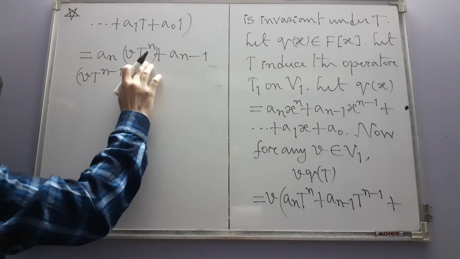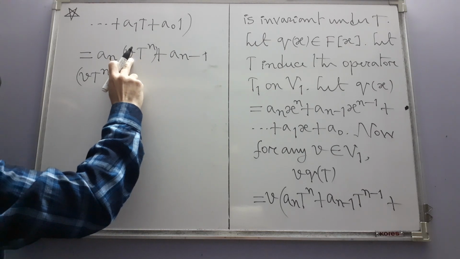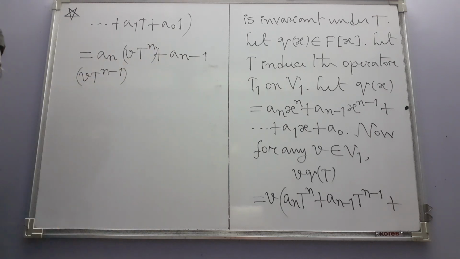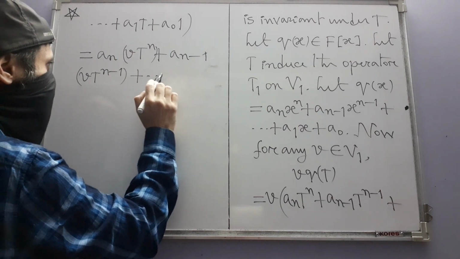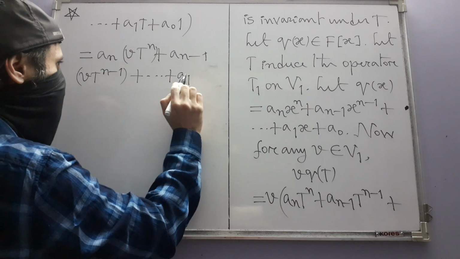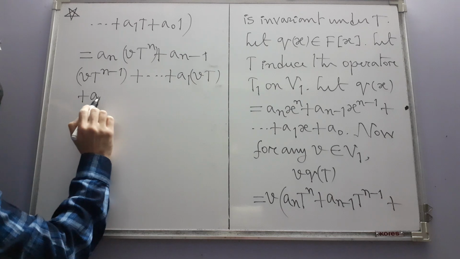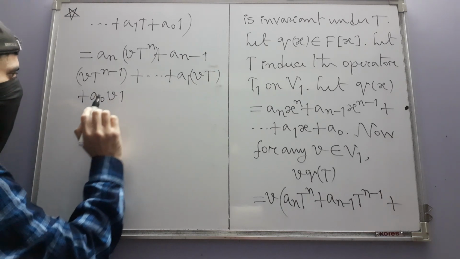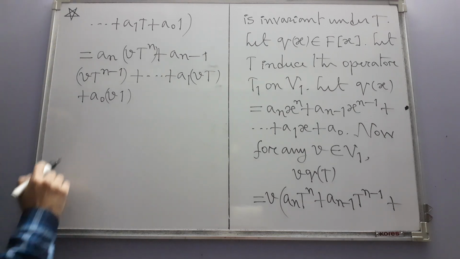So this, for example, is a scalar multiple of the vector, which is the image of v under the operator T to the power n, by the scalar a_n. Like that, the other terms are also interpreted. Plus a1 times v T plus a0 v. Well, if you want, you can write one more step. Say first you apply the identity operator on v, and then it's going to be just v, because that's what identity is.